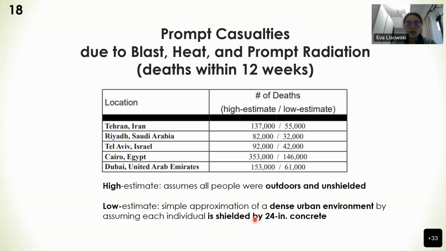But you can already see that even for this low estimate, the numbers are already approaching the Nagasaki value of casualties of around 60,000. And especially in the case of Egypt, in Cairo, due to just how dense Cairo is in certain spots, that really shows that in a highly dense urban environment, you can see these devastatingly high casualties with only a 1 kiloton yield.